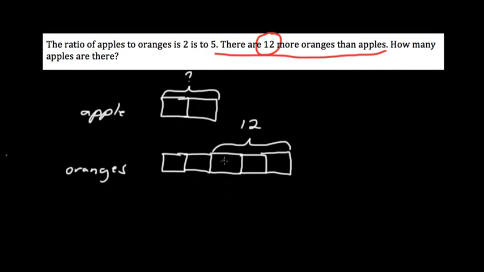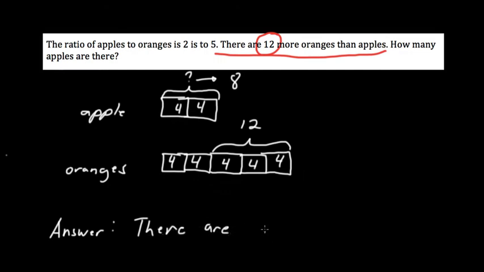The total of 3 boxes is 12, then that must tell us that each box is equal to 4. So that means this is equal to 4, 4, 4. So that means that this is equal to 8. So the answer is there are 8 apples.